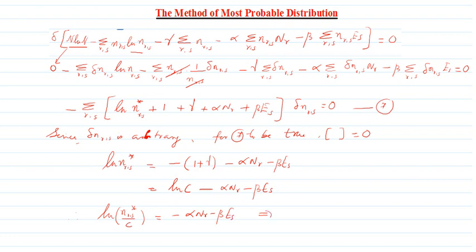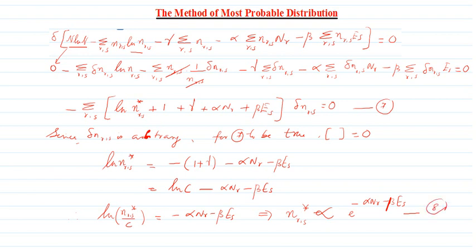It means NRS star will be proportional to, because C is there, e raised to minus alpha NR minus beta ES. As I have avoided the C, I can say that it is proportional to. Let me call this equation number 8.